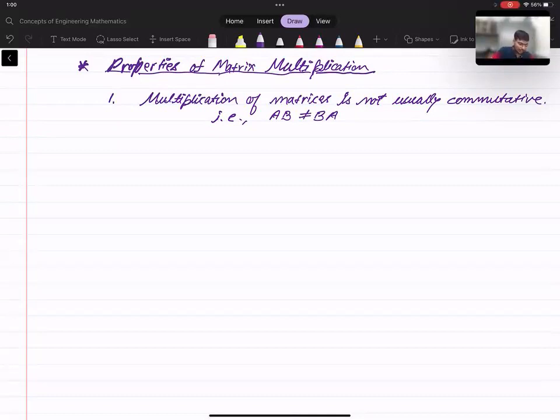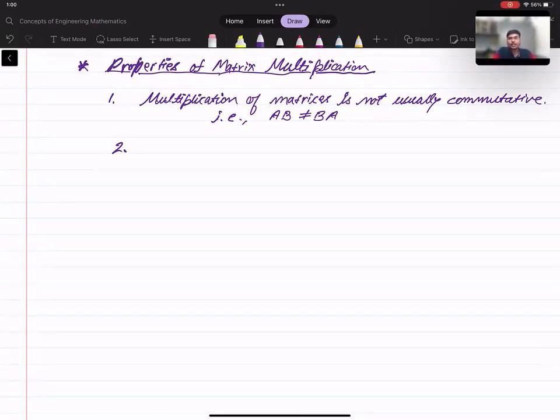The next one is that matrix multiplication is associative, but only when conformability is assured, which means that the order of multiplications should be maintained, and also the internal dimensions should be matching.